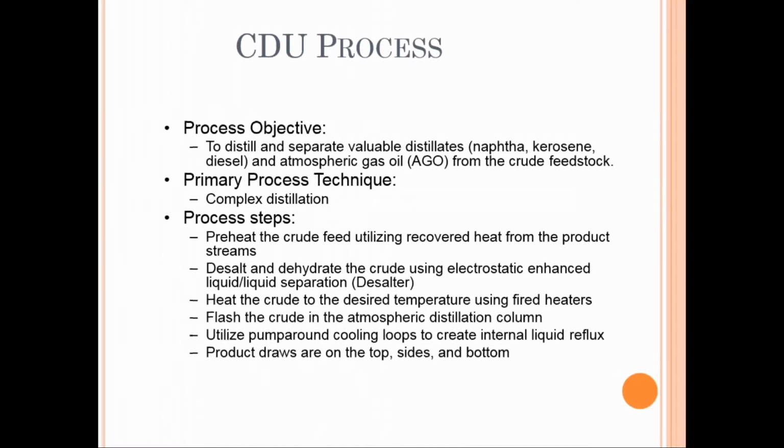That's what you saw in the fractionating column in the video we played a few minutes back. Then the product draws are on the top, side, and bottom, which means the different fractions will be collected.